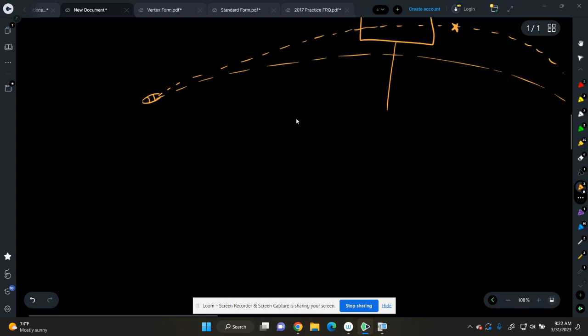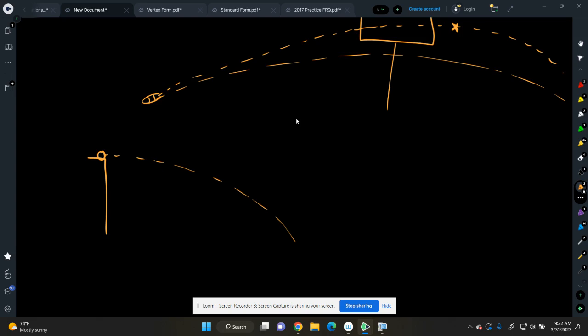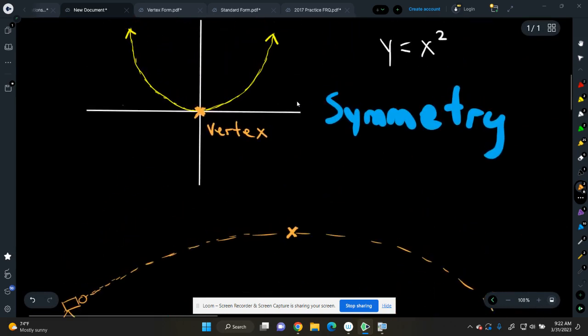Sometimes we might start up high and then come down, right? So that vertex is one of the really important features of parabolas. The vertex is one of those very important features because we need to know where that maximum or minimum height is, okay?